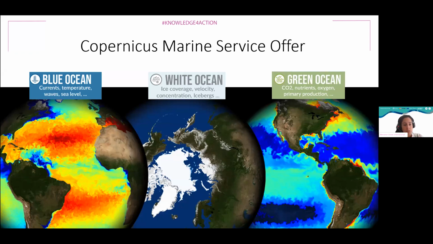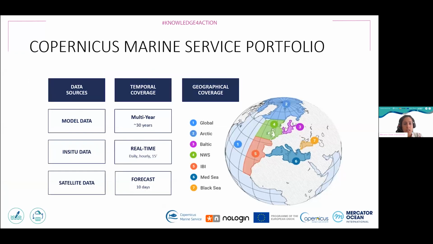And the green ocean, which we're going to focus on a bit more today, covers everything related to chemicals, primary production, chlorophyll, phytoplankton, nutrients, organic matter, and all that.